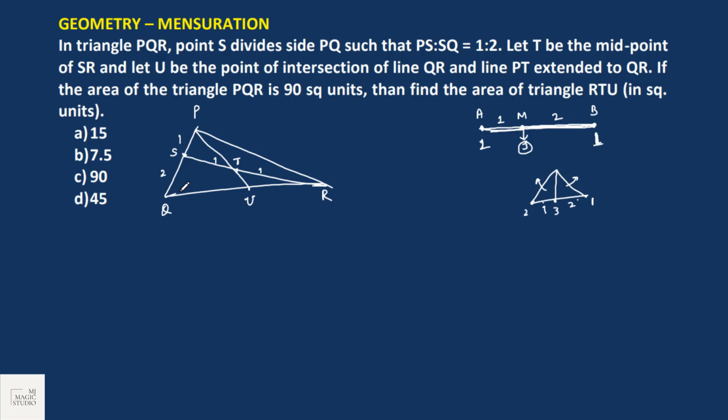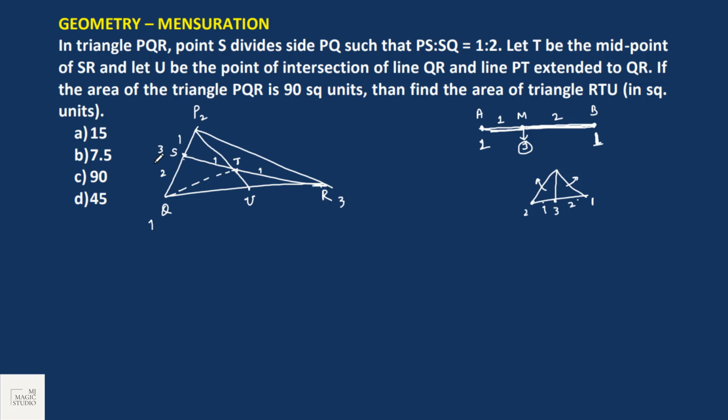For this, I am joining QT. Now look at PSQ. This ratio is 1 is to 2. That means the point value at P is 2 and Q is 1, and at S it is 2 plus 1, that is 3. Now if I see PSR, these values are 1 and 1, but already the point value at S is 3, and since the ratio is 1 is to 1, the point value of R should be 3.